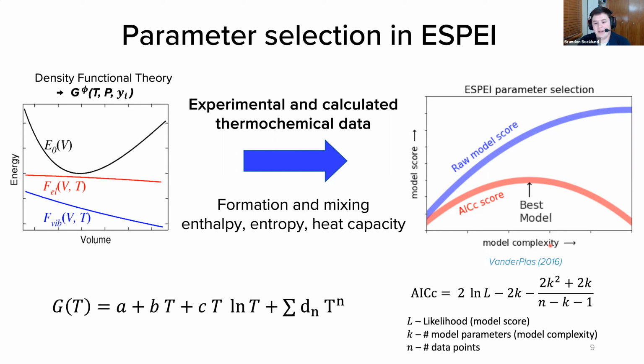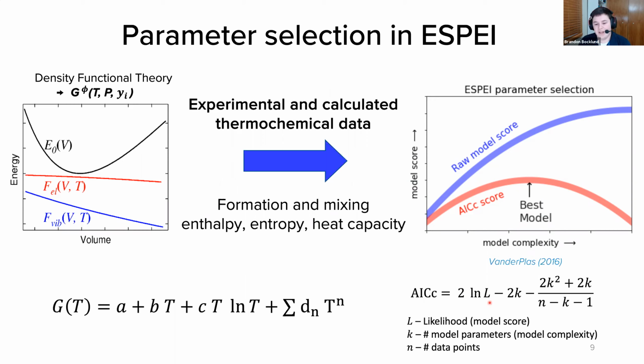But in reality, we know that often leads to overfitting, especially in the world of CALPHAD, where we have limited ability to do experiments. And so we often want to find some trade-off between how complex our model is and the goodness of fit. The way that we do that in ESPEI is we use this corrected Akaike information criterion, which is given by this expression here.